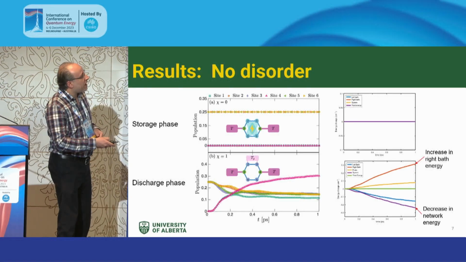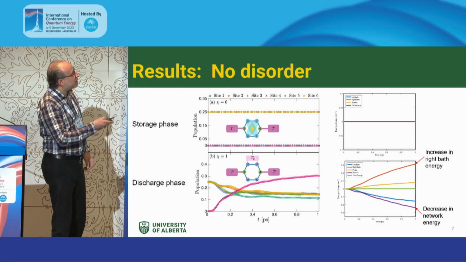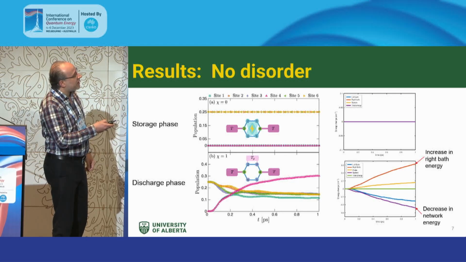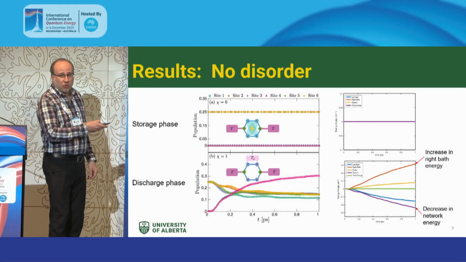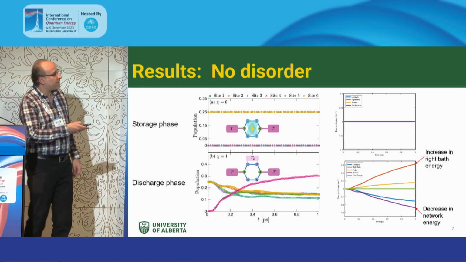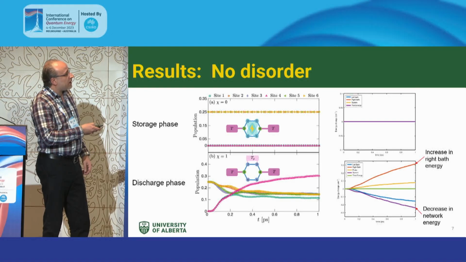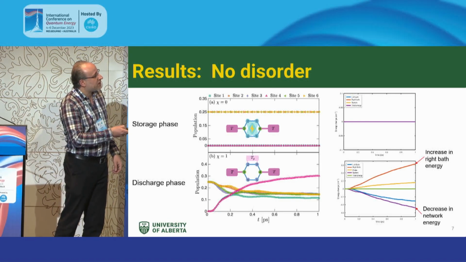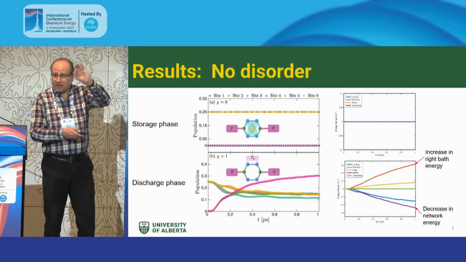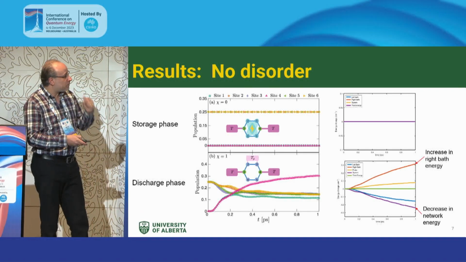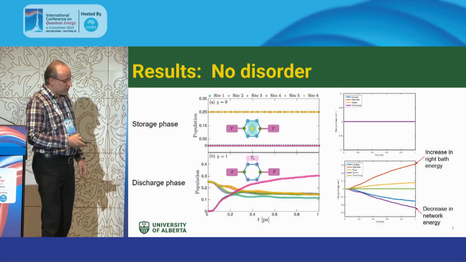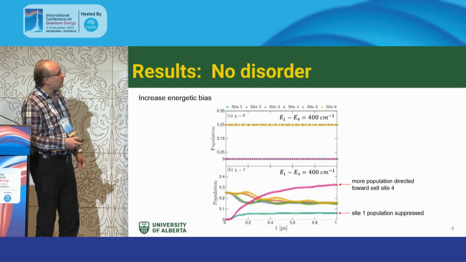Okay, and on the right here I show the energy changes. During the storage phase first, I've broken up the energy changes into the left bath energy, right bath energy, system energy, and the total energy. You see that there's no change across the board, so zeros. However, when you break the symmetry and during the discharge phase, we see, just to give you a couple of examples here, an increase in the right bath energy, that's the bath that's connected to the exit site, and a decrease in the network energy over this time scale of picosecond.